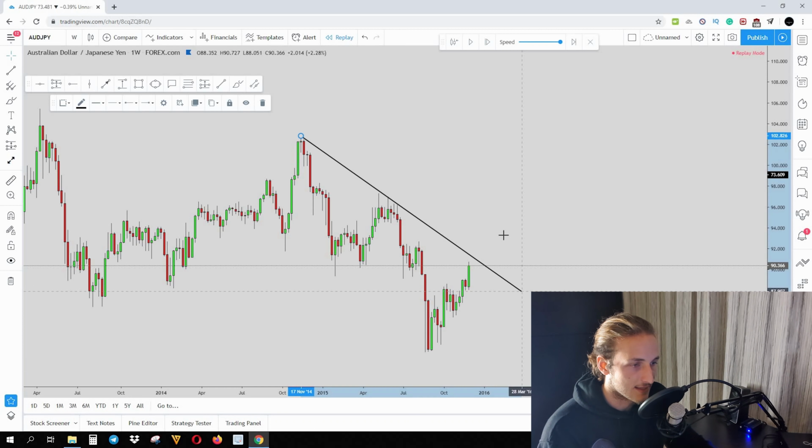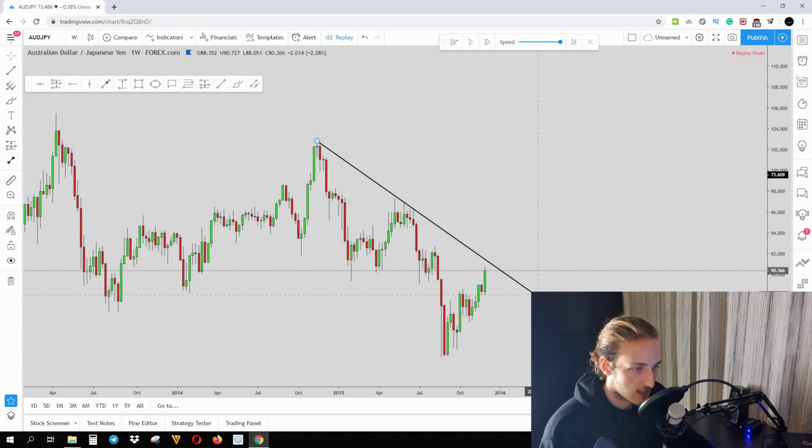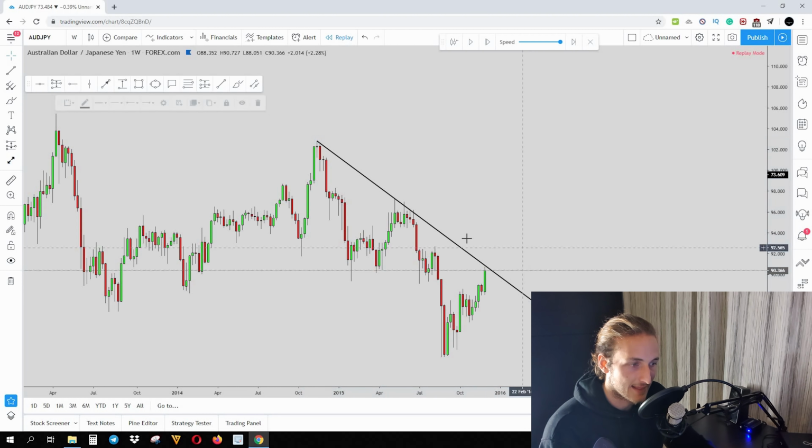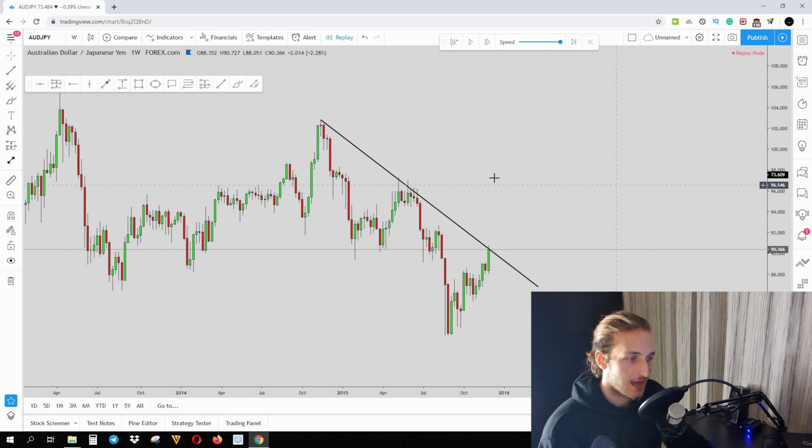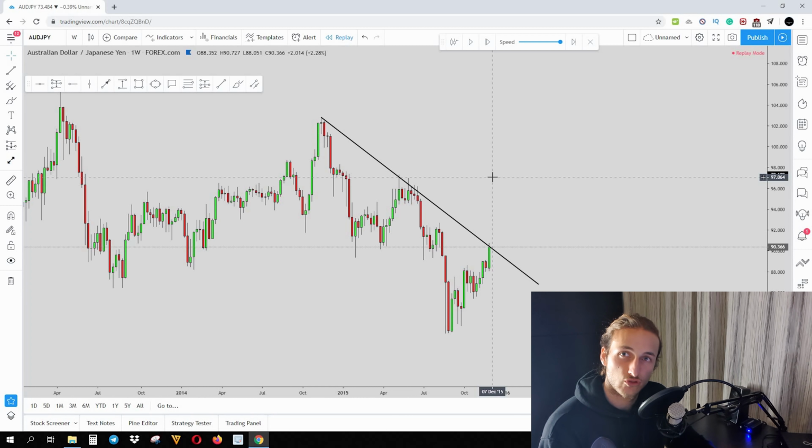I'm not finding anything here. But if I adjust, okay, and I touch as many candles as possible, so this one, this one, this one, this one, possibly also the other one, I'm now touching all the candles and I have a much more accurate trend line. That is one free tip that I'm giving to all of you. So that was the first thing.